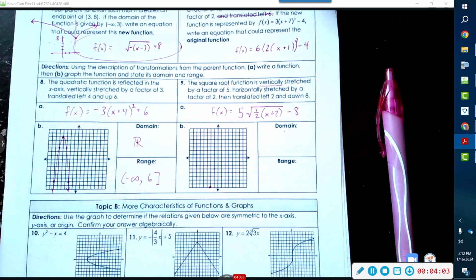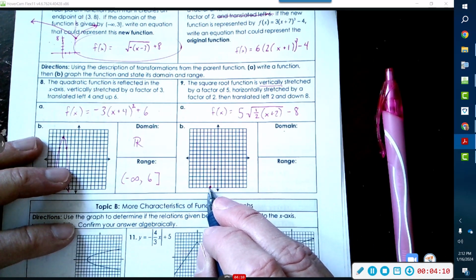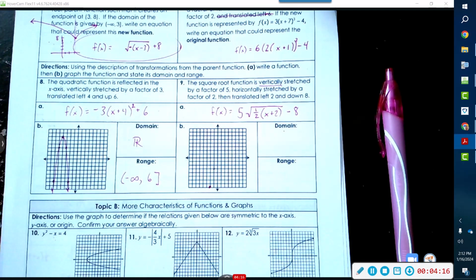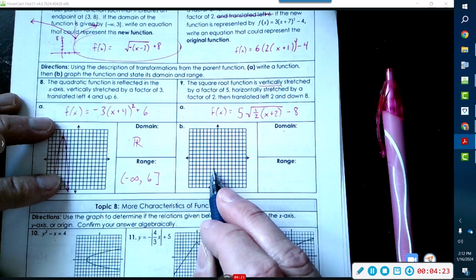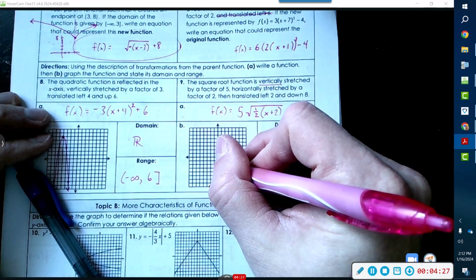But because of the horizontal stretch, we actually have to double that distance so that it actually stretches by a factor of 2. And so now that 5 that we went over 1 up 5, we're going to go over 2 up 5. And that would account for the stretch.